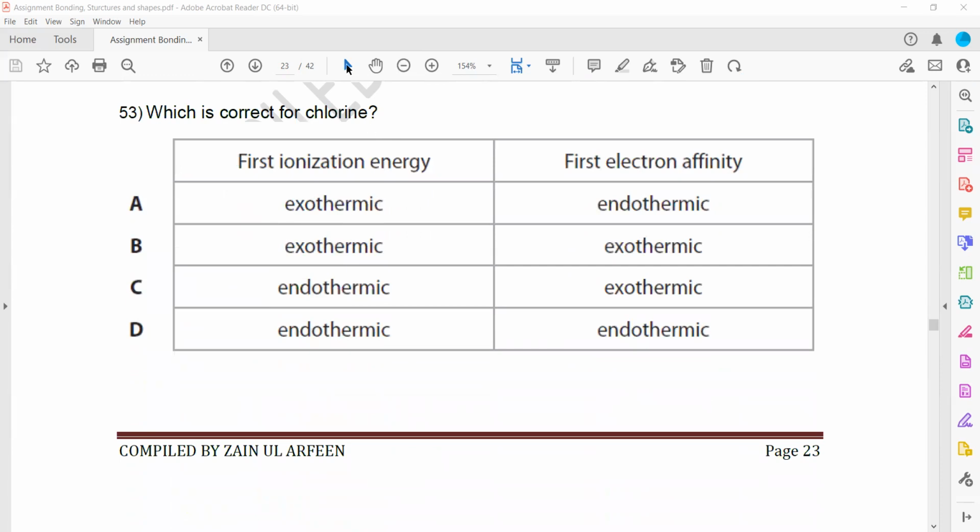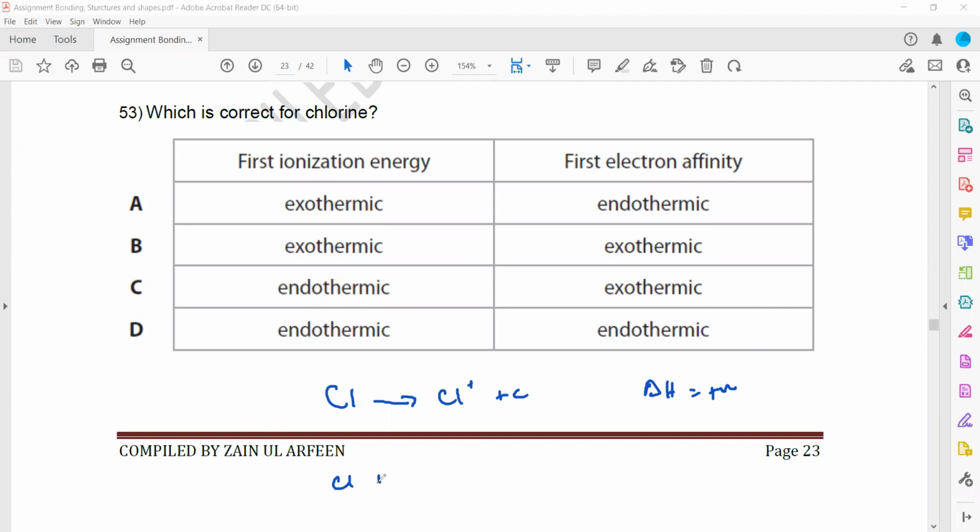Which is correct for chlorine? First ionization energy. The term ionization energy means the energy needed to remove an electron. So we have a chlorine atom, we supply energy, and it loses an electron. So first ionization energy is endothermic, because we have to supply energy.